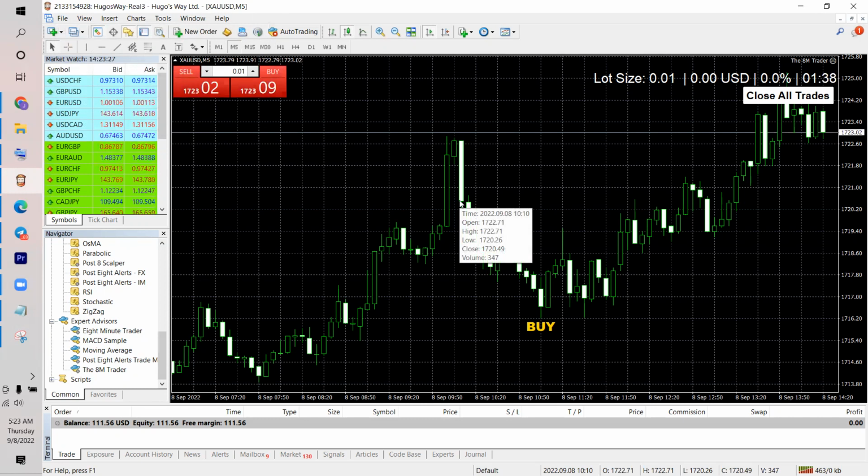There's more time that is needed in order to get a good move. Thus, the reason we need to be a little bit more patient. And the moves here became more consistent for me as opposed to the 1 minute time frame.